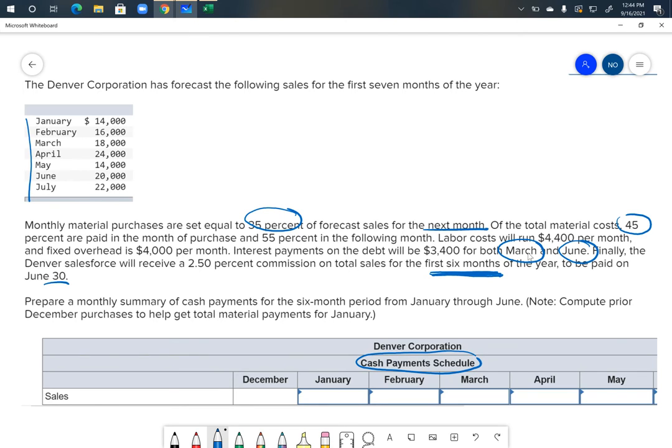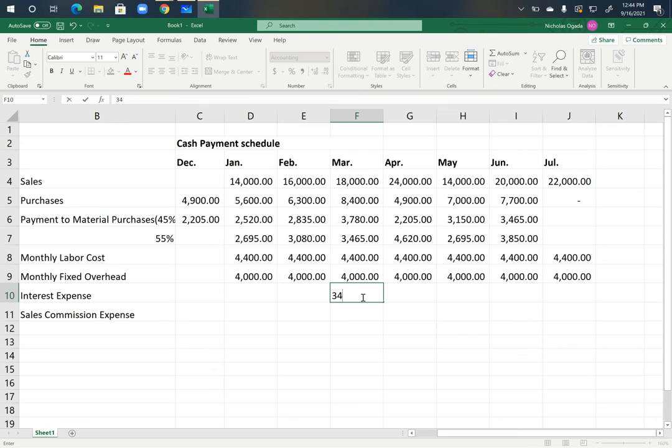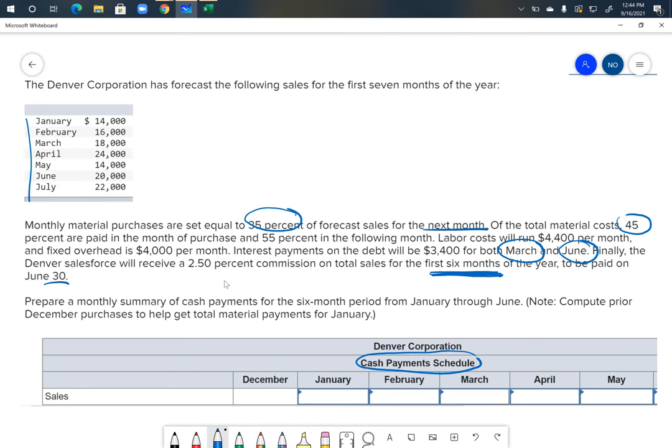So you only get paid in two months, March and June, for 3,400. So in March you pay 3,400, and in June you also pay 3,400 in interest expense.